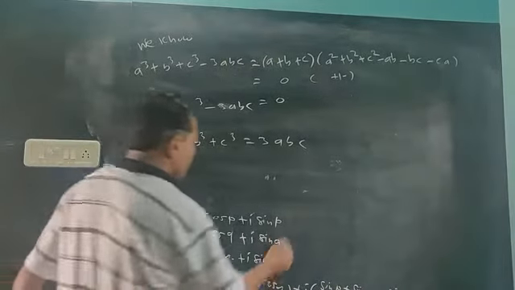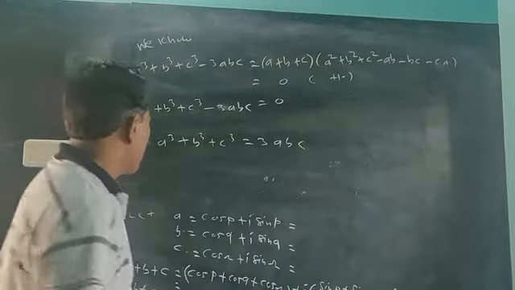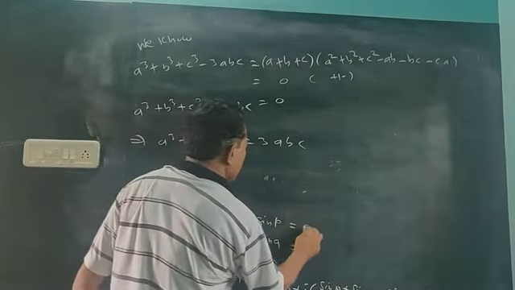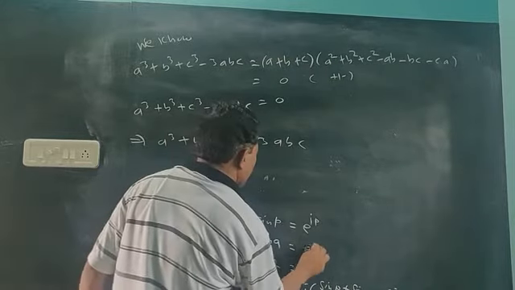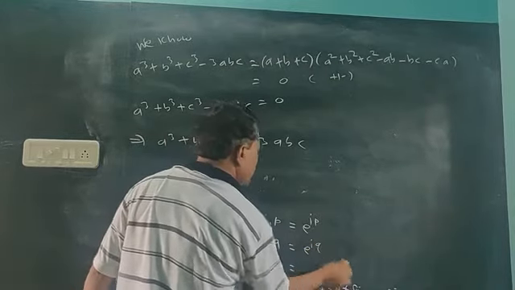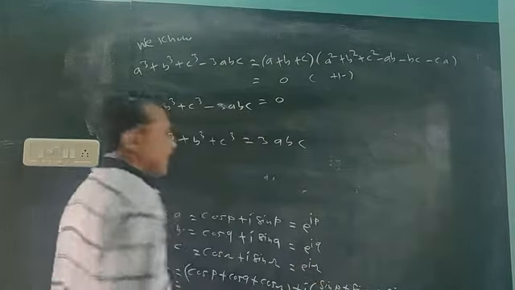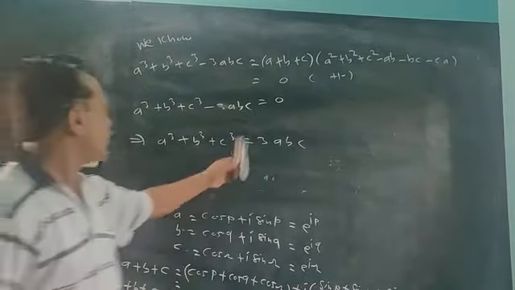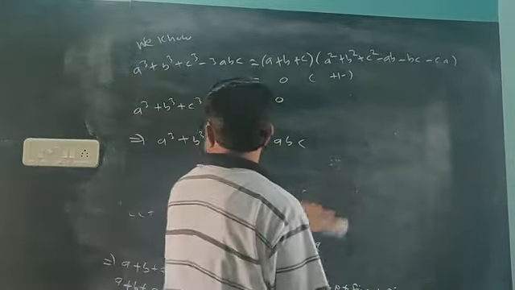Now I think this can be converted to exponential form by Euler's theorem: cos p plus i sin p is e raised to power ip, this is e raised to power iq, this is e raised to power ir. Because of multiplication, exponentials we can solve easily.